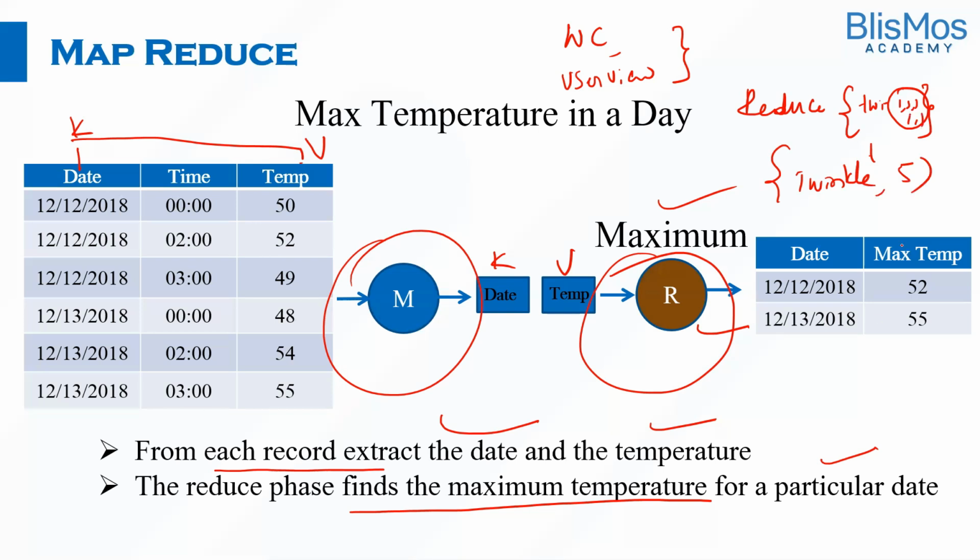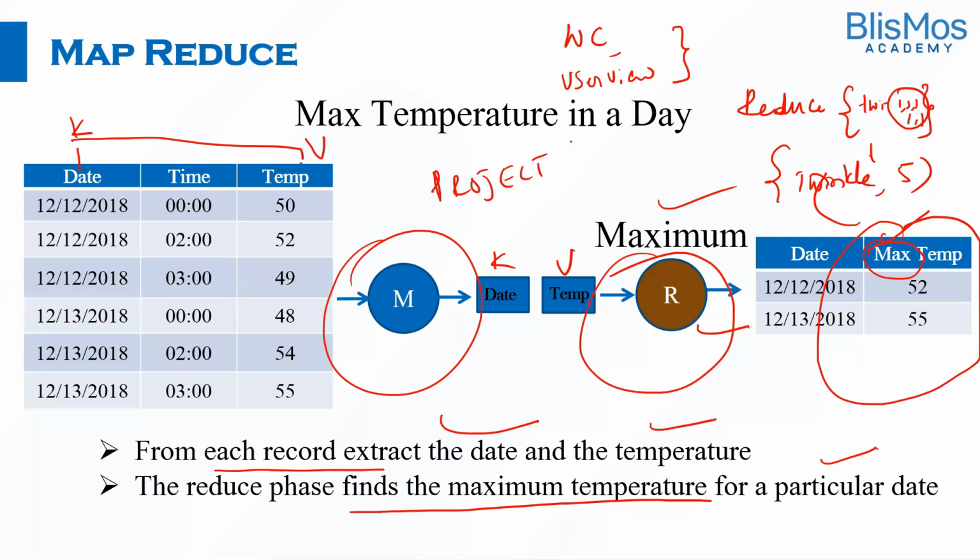But in this case, our reduced logic could be different than this. Here, instead of addition, we are having a logic of max. I am trying to say the logic of the mapper and reducer differs from project to project. You got to be cognizant of that fact.